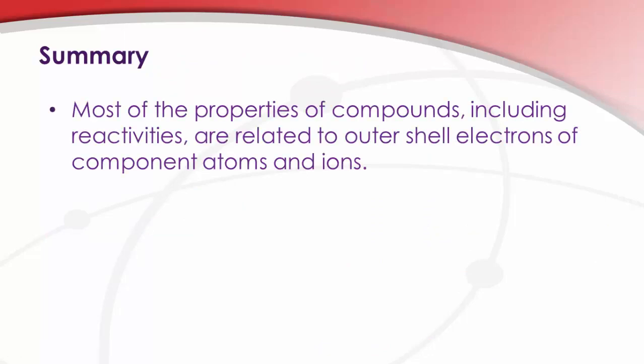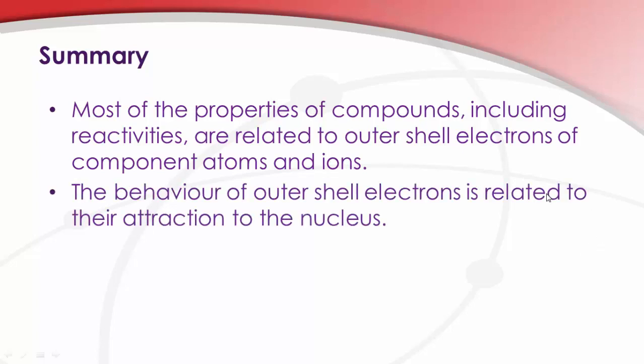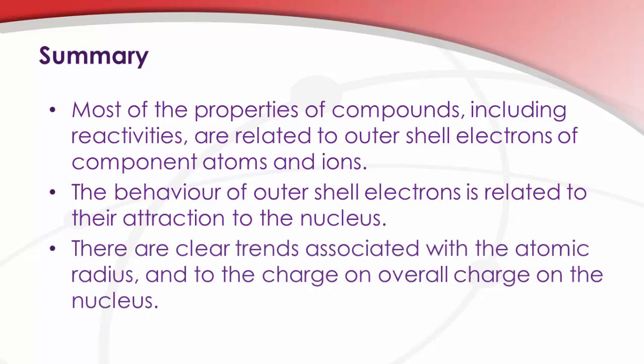Okay, so in summary then, many of the properties of compounds and elements, including their reactivities, are related to outer shell electrons of the atoms and of the ions. The behavior of these outer shell electrons is related to their attraction to the nucleus and also, in some cases, to the proximal electrons around them and the influence of the electrons around them.